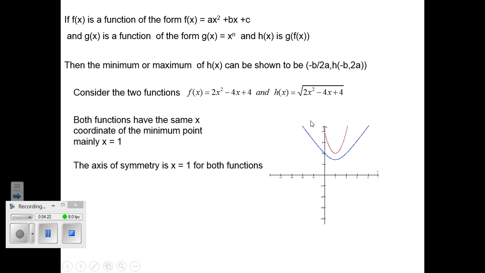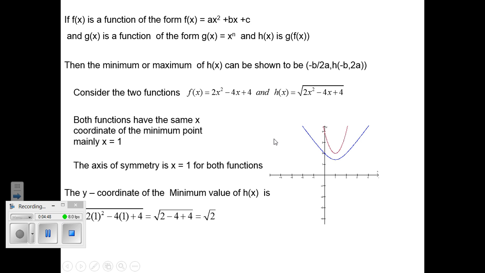The blue graph, which is the square root of that quadratic, is going to function very much like the quadratic. We're going to find the vertex in the same way, as negative b over 2a, which is 4 over 4, which is 1, and then f of that. It's the same treatment given to this. So here you have it.